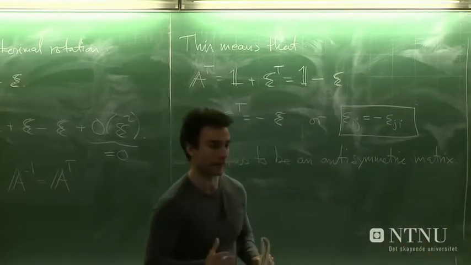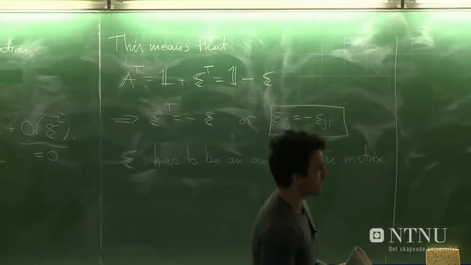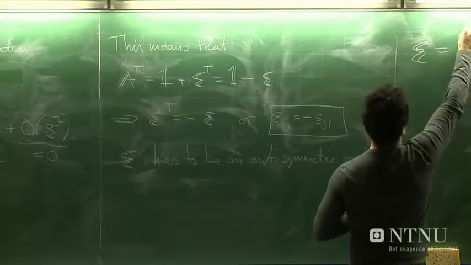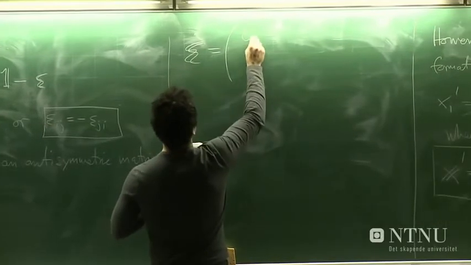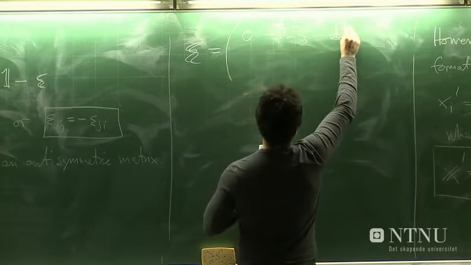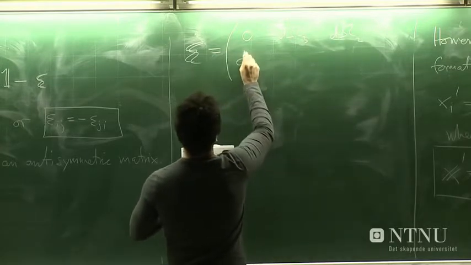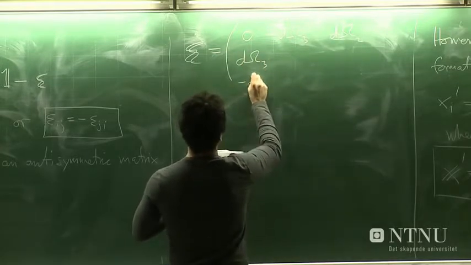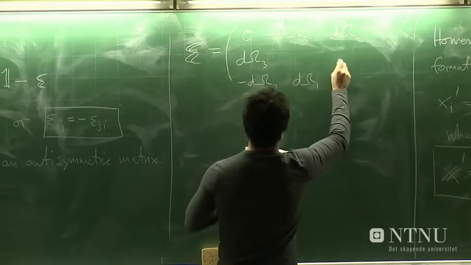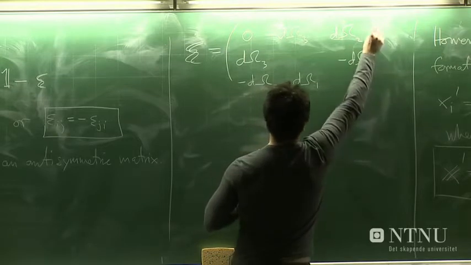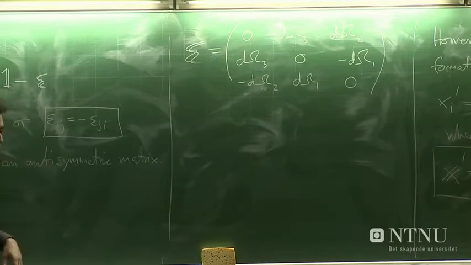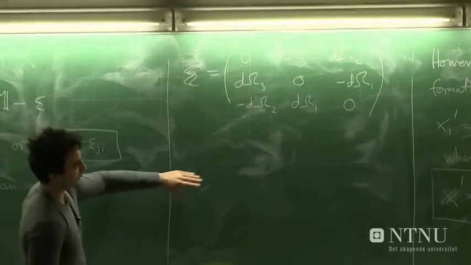So let's try to work with that. We know that epsilon is antisymmetric. And if it's antisymmetric, I should be able to write it as follows.